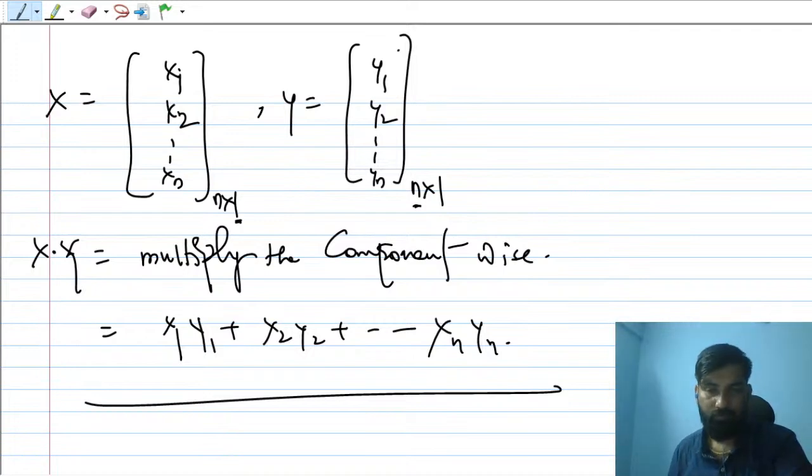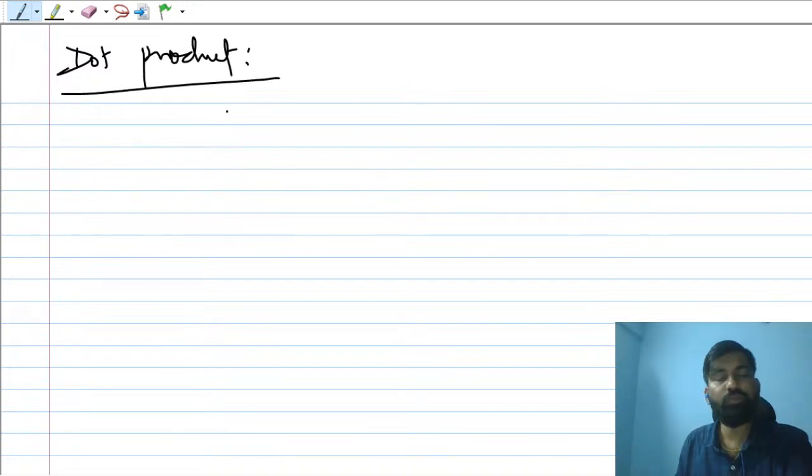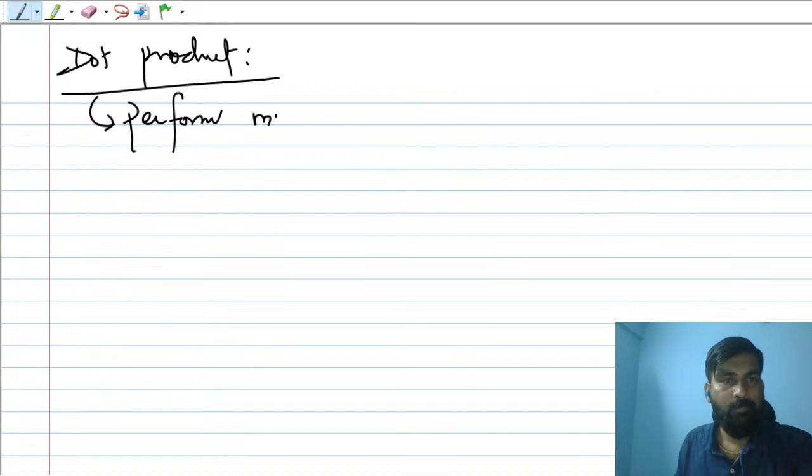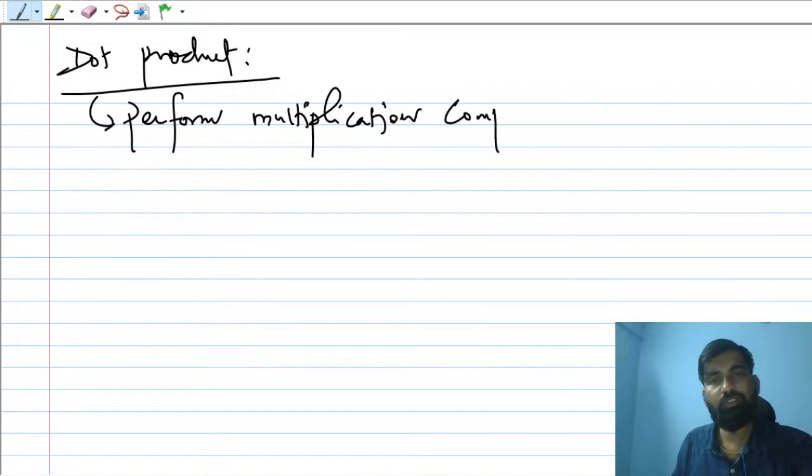Okay, understood? The dot product, if you want to find it directly between two column vectors, perform the multiplication component wise.